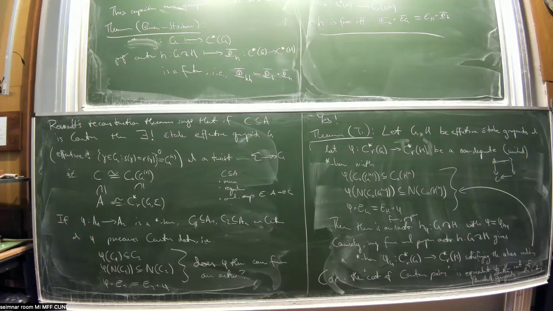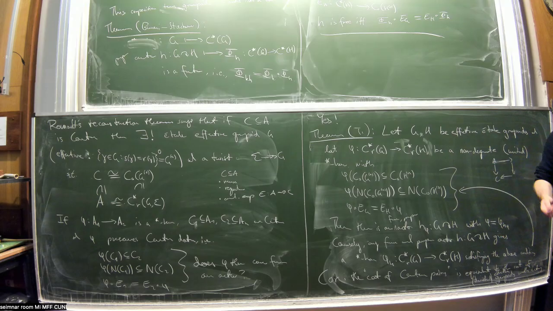So if G and H are just groups, does this tell you something about maps between the group C-star algebras? Do they come from essentially group actions? This reconstruction doesn't work because groups are never effective. I see. However, you can ask what the morphisms coming from actors are.